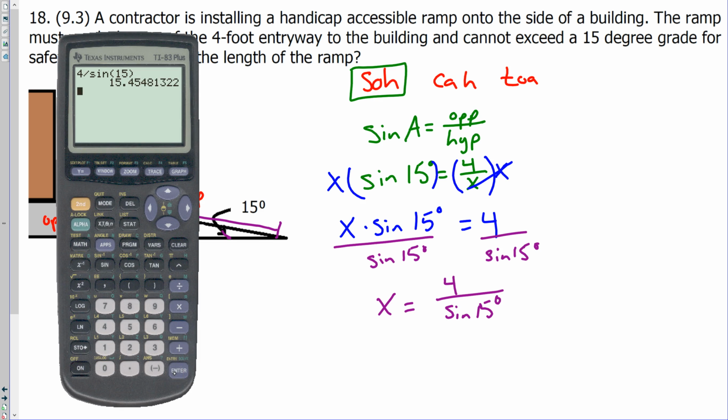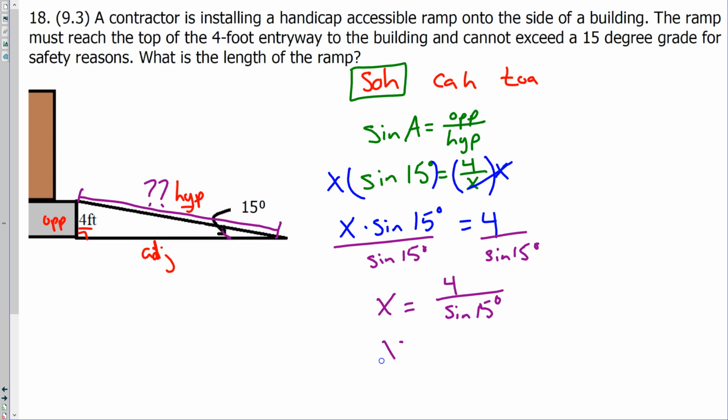They did not give us any rounding instructions on the question, so that means we're going to go to the defaulted 2 decimal places that are the instructions given at the start of the exam. So 15.45 is our rounded result. And this does involve units. Make sure you include them. I'm going to be using the same units as the other side length in my triangle, so this is in feet.